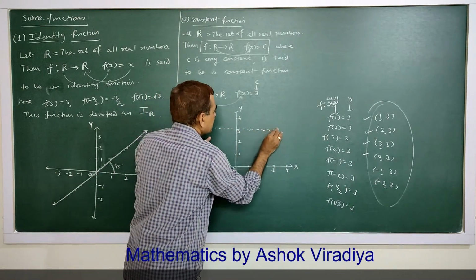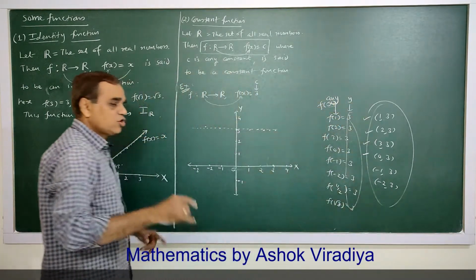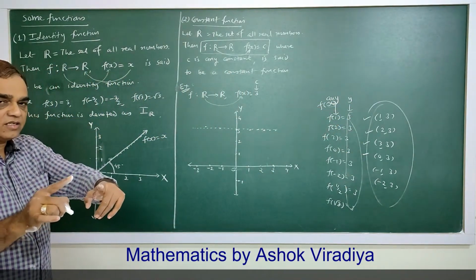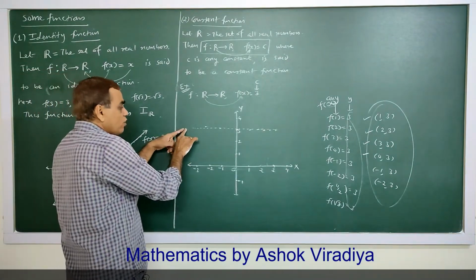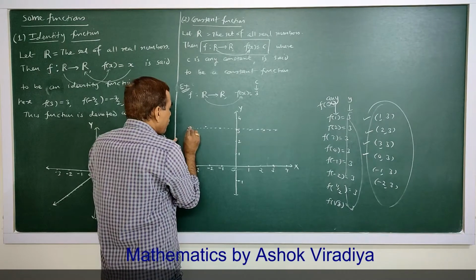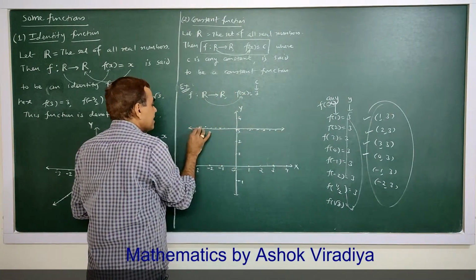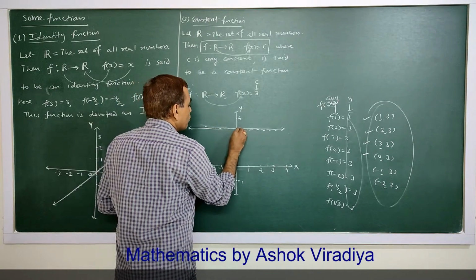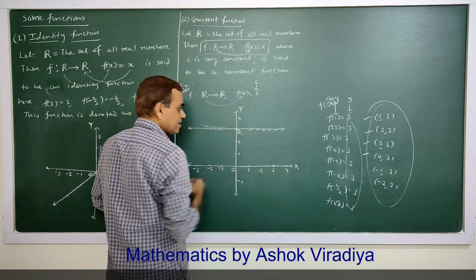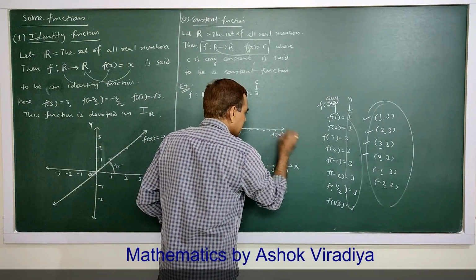This is fixed. So every point has y coordinate fixed at 3. So joining these points here, we get a line parallel to x-axis. So this is the graph of f(x) = 3.